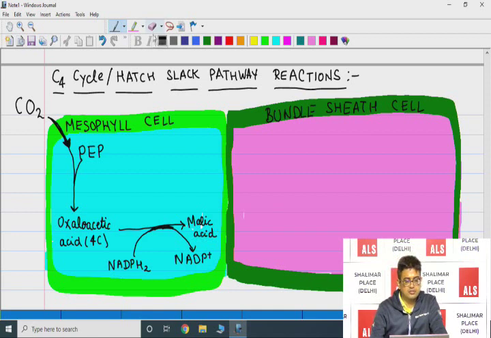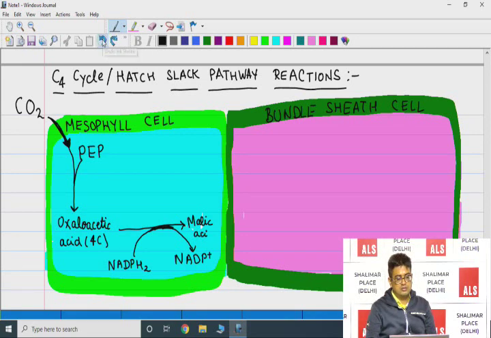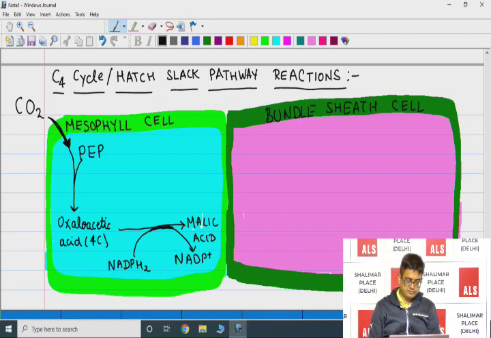Malic acid is a 4-carbon compound as well.